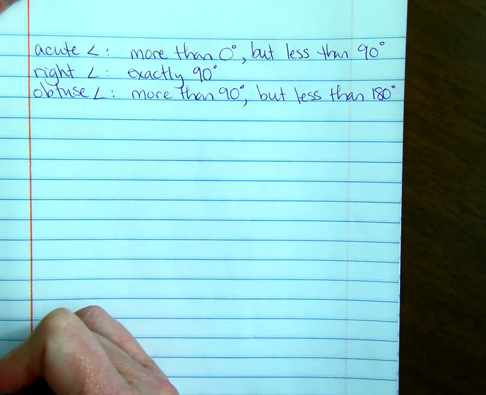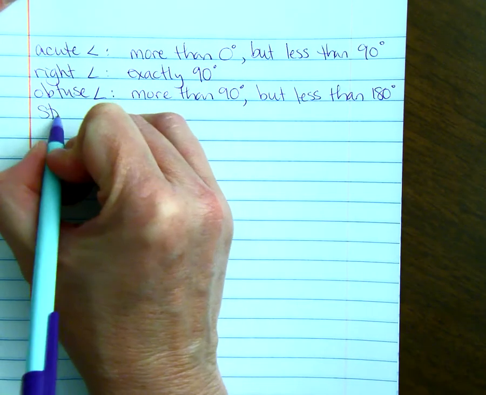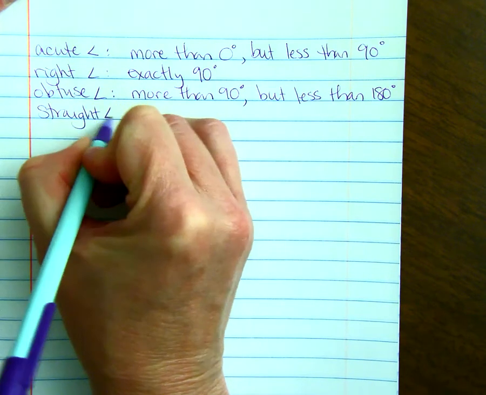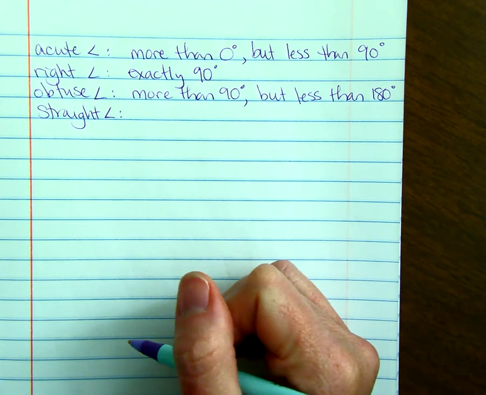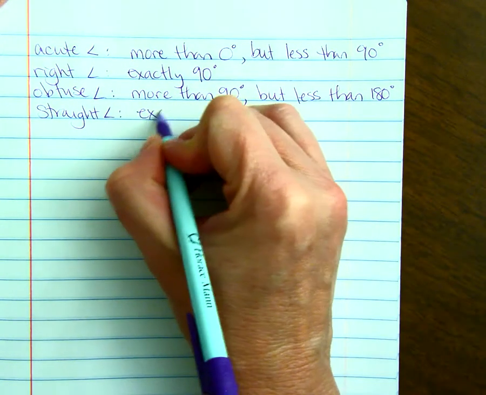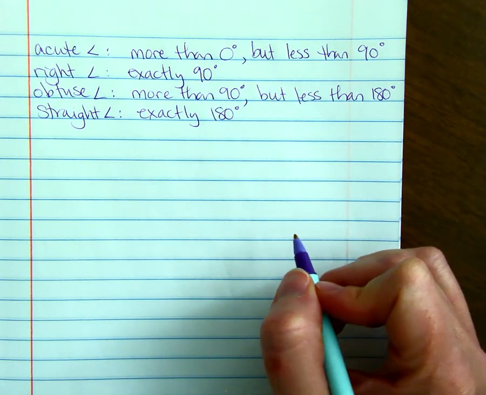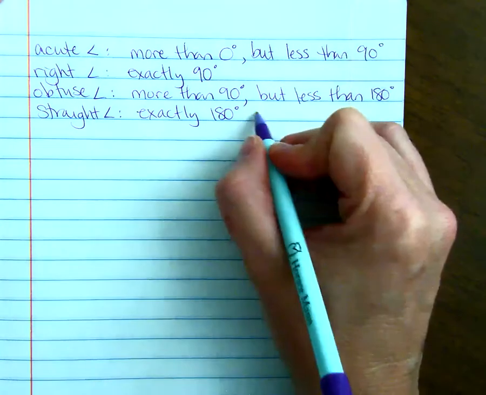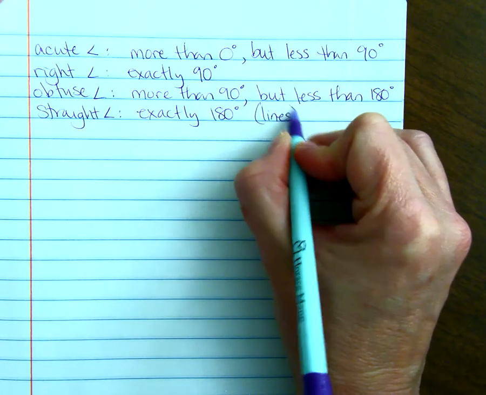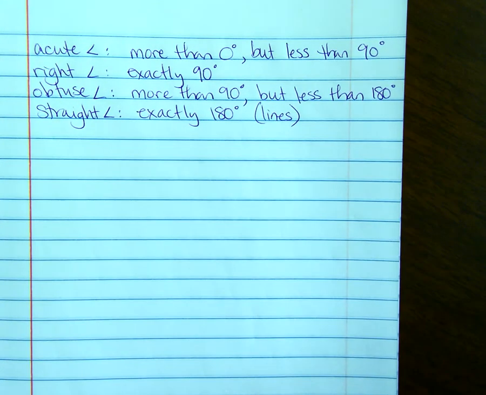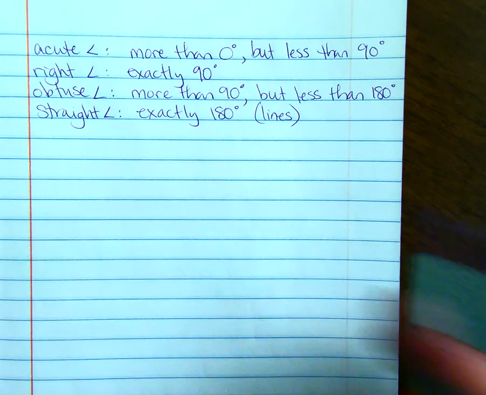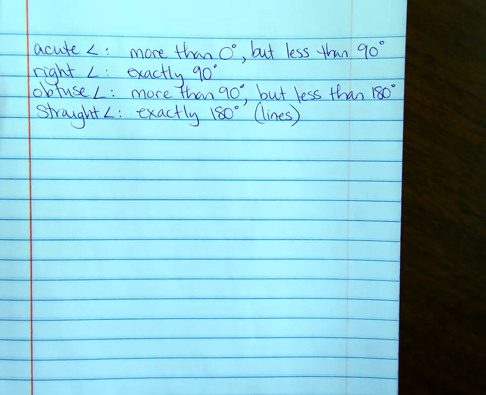And then we have what's called a straight angle, which is exactly 180 degrees. And those are lines. By definition, when we started the lesson, we started out with the definition of a line. That line is a straight angle.